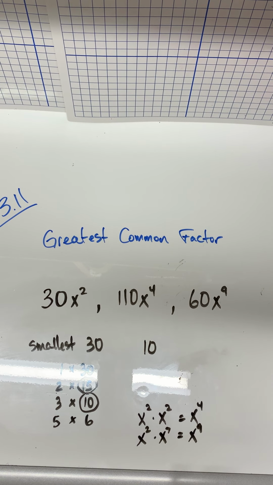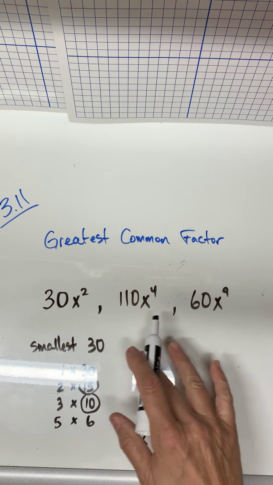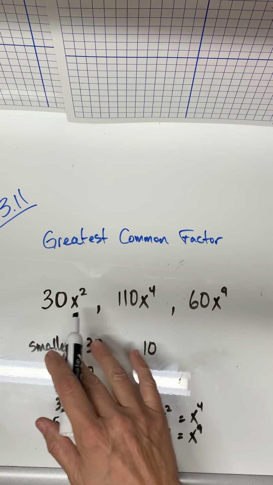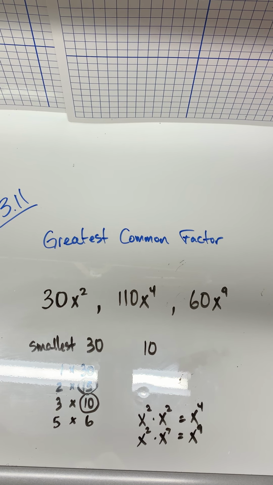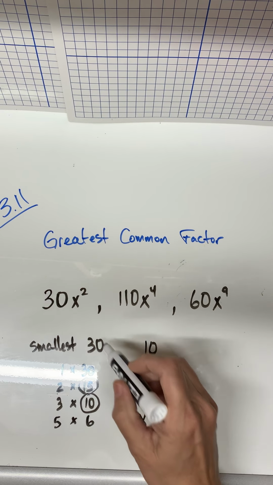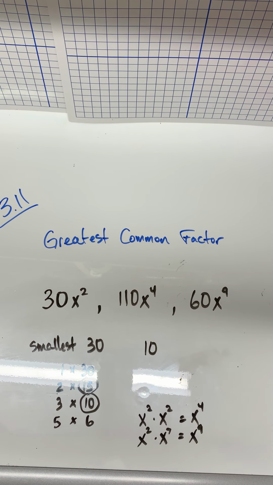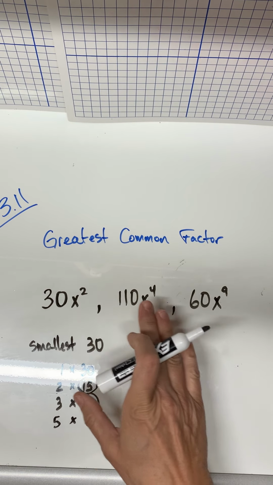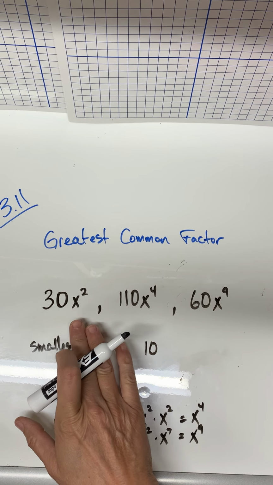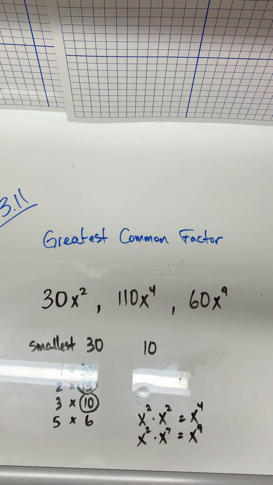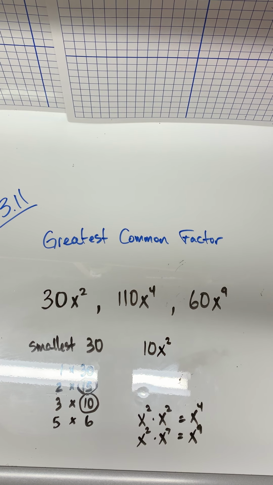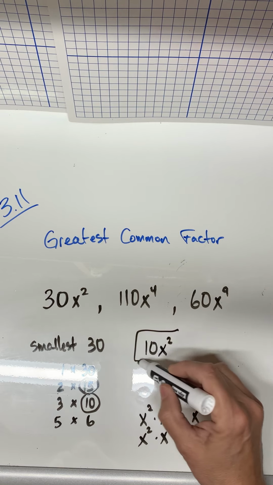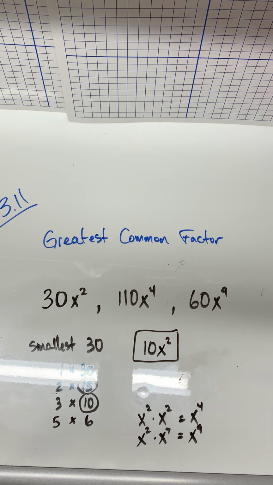So no matter what these other exponents were, the x squared would fit into them. What's the biggest that's common to all of them? It would have to be the x squared, because anything bigger will not fit into the smaller, which is the x squared. So all you have to do for the variables is just choose the smallest. So this would be the GCF for this question.